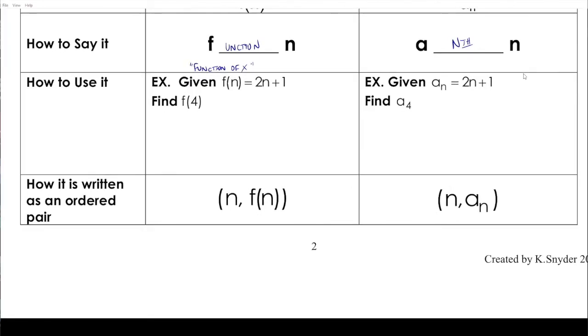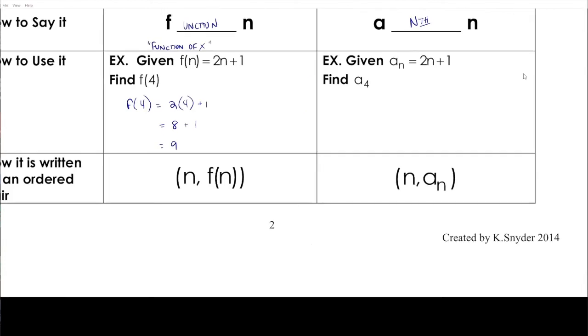So for this one, we're going to substitute 4 into our function. So 2 times 4 plus 1. 2 times 4 is 8. And 8 plus 1 is 9. So they told us they wanted us to find y when x was 4. And that's kind of the same thing that happens in our subscript notation.